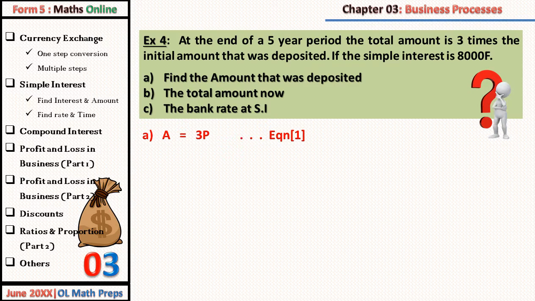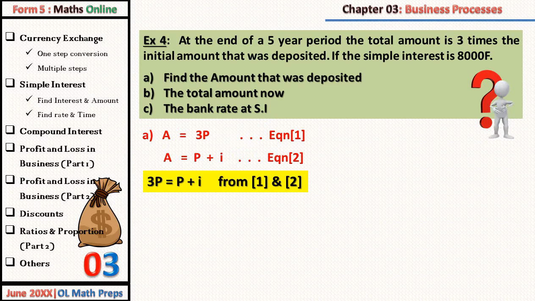So amount here is equal to 3 times the principal. We form two equations. Amount equals 3 times the principal, and equally amount is the same as principal plus simple interest. From equations 1 and 2, we have 3 times the principal equals principal plus interest. This gives us 2 times the principal equal to the interest, and the principal is equal to the interest over 2. However, the interest has been given as 8,000 francs.